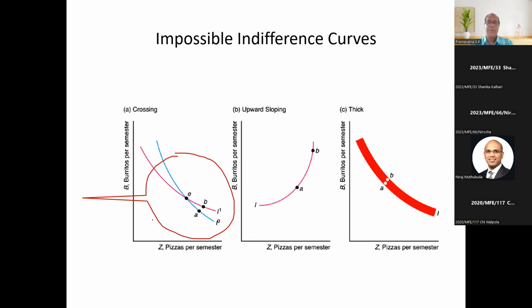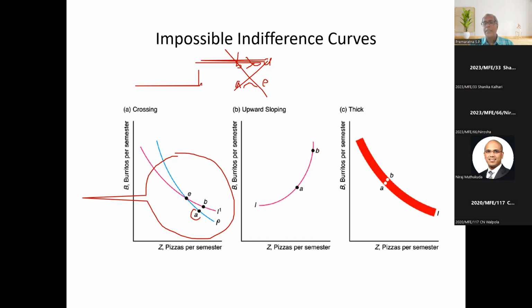But for the same person at the same time when you take the consumption, it doesn't happen. Why doesn't it happen? If you look at A and B, using the symbol, B is always preferred to A. But according to this, A and E are indifferent, and B and E are also indifferent. This kind of situation can't happen.